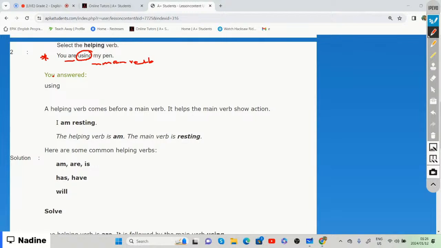Which means that are is a helping verb which helps the main verb to show the action. So using is the main verb and the helping verb is the word are.